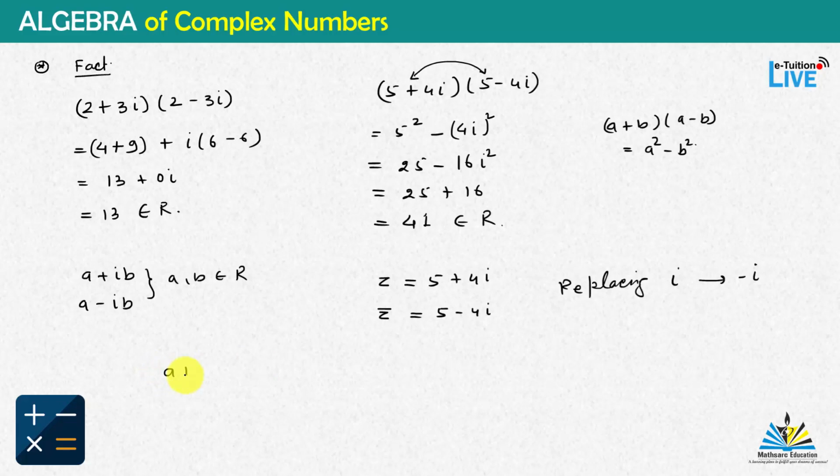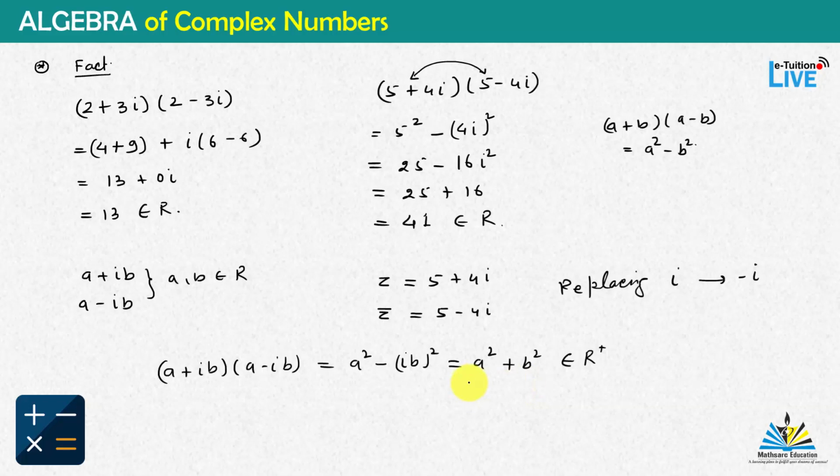So if we multiply a plus ib by a minus ib, then you will get a square minus i square b square, that is a square plus b square. So you can observe a square plus b square is a positive real number, and you are observing here the product of two complex numbers is a purely real number, and this becomes the basis of division.